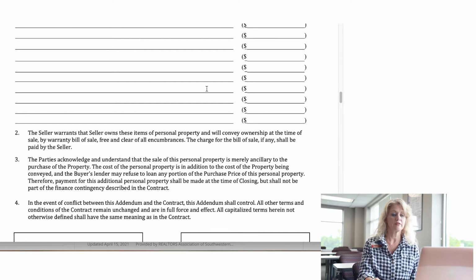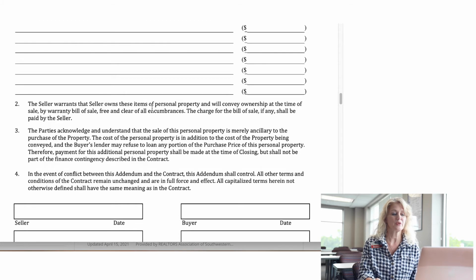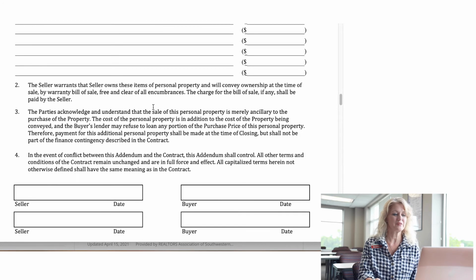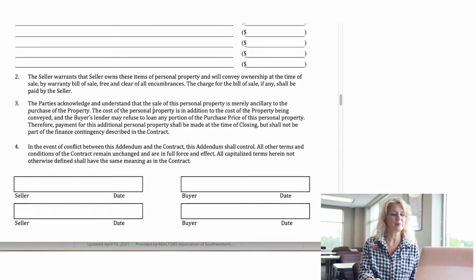So you'd want to identify those. Again, zero valuation. Now the seller could come back and counter with a different personal property addendum, but the buyer has the right and the opportunity to ask for whatever personal property they want to ask for. So, of course, you want to do that within reason, and if it's a hot market, don't be overzealous.